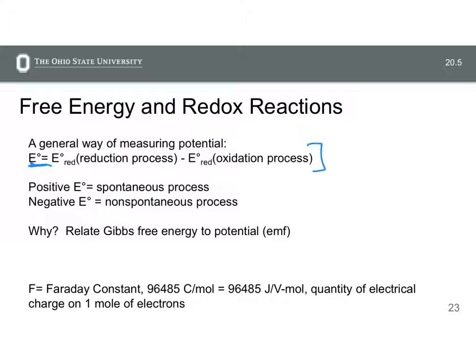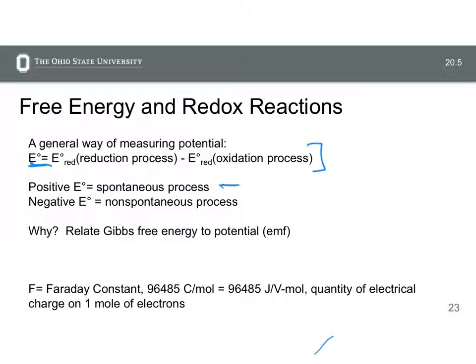The other thing that's important to note is that we've been focusing on coming up with cell potentials that are positive, because those are the reactions that will happen spontaneously in a voltaic cell. Those are the working voltaic cells, working galvanic cells. So a positive value of the cell potential is a spontaneous process. A negative cell potential is a non-spontaneous process.